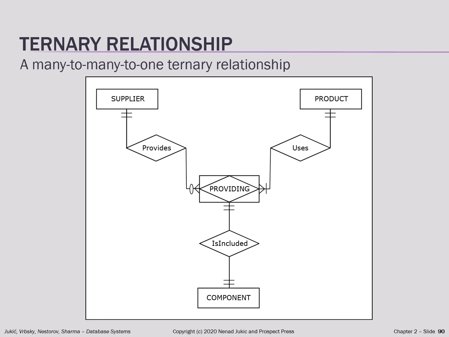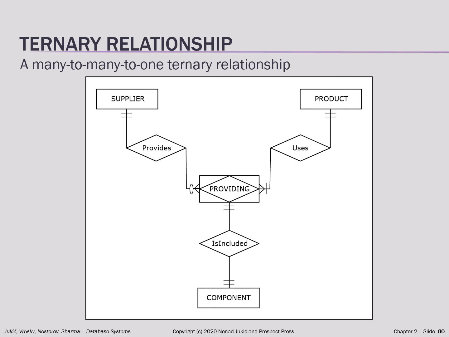What does this mean? Each supplier can be associated in many instances of providing component for a product, but does not have to be associated in any. Each product is associated in at least one instance of supplier providing component for a product, but can be associated with many.